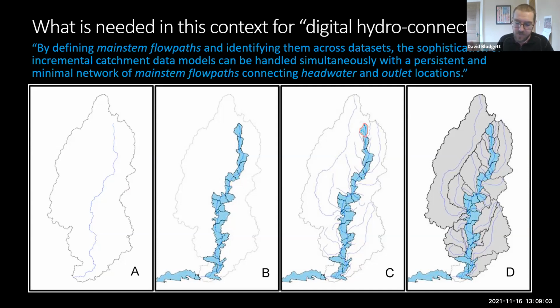And if we can consistently connect a headwater location to an outlet in a watershed and have a reasonable identifier for the path that connects those two places, we have a way to, at least using a hydrologic lens, unify these data sets.